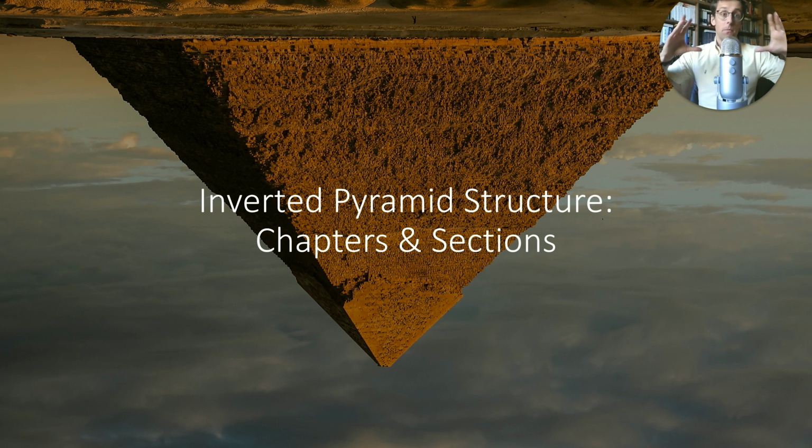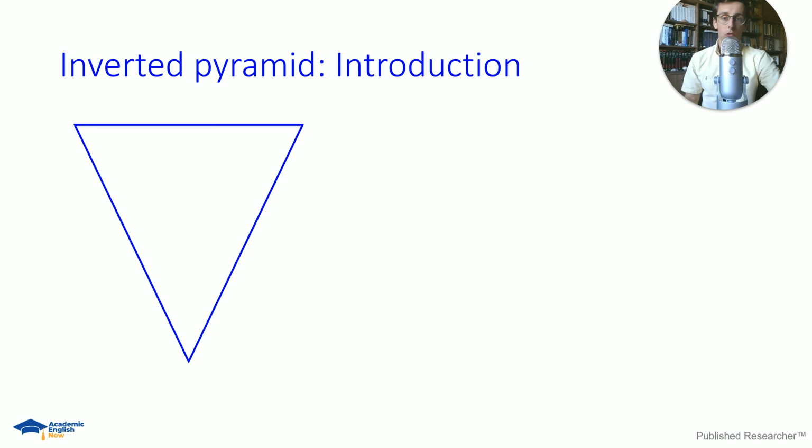Now, this was sort of like a high-level principle, but let's look at how the inverted pyramid structure actually works in chapters of your PhD thesis or in sections of journal papers. So if we look at the introduction, again, keep the inverted pyramid in mind.